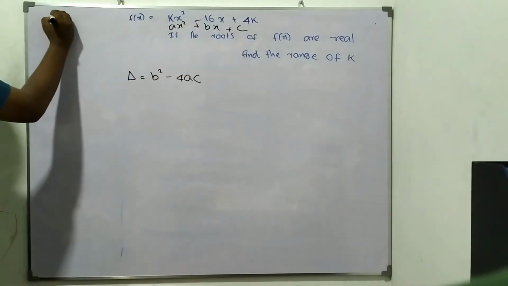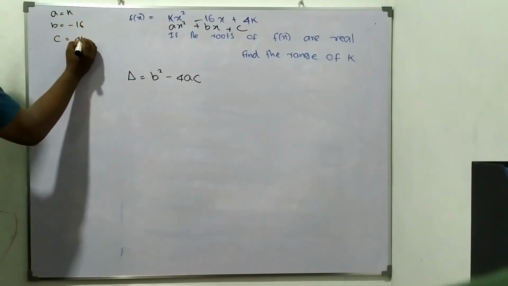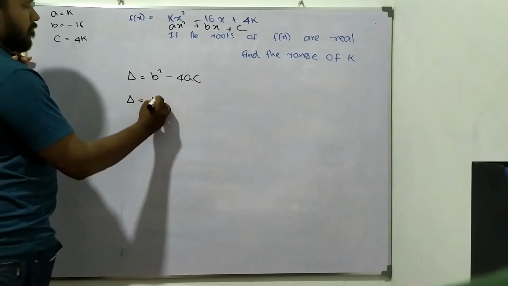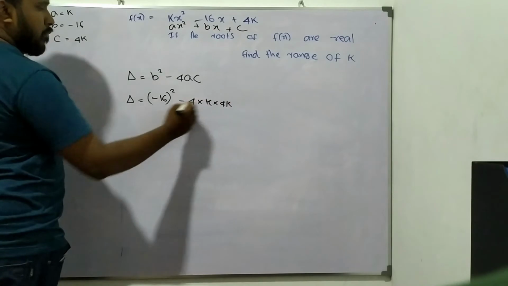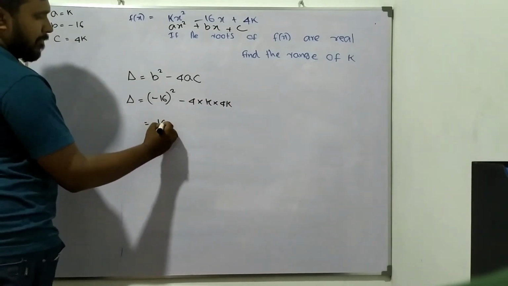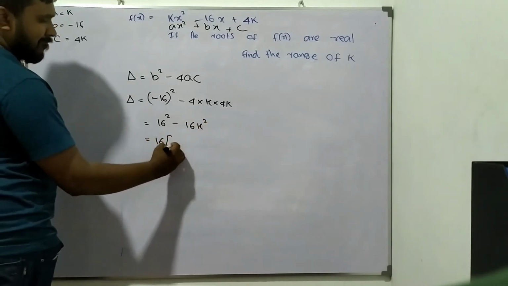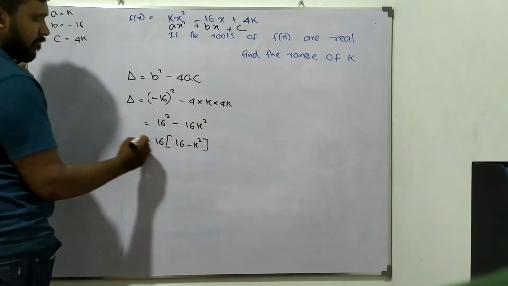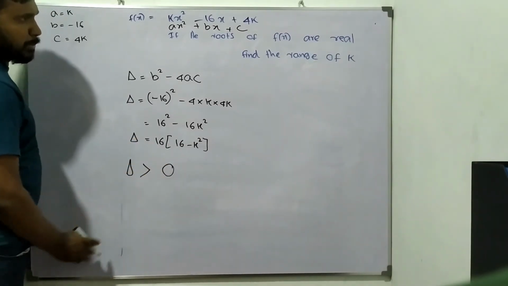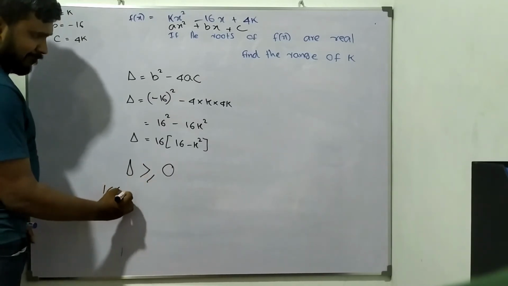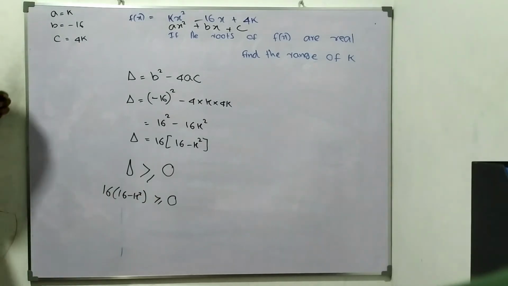Once again, check the discriminant. a equals k, b equals minus 16, c equals 4k. The discriminant needs to be greater than or equal to 0 for real roots. Right. This is what I got.